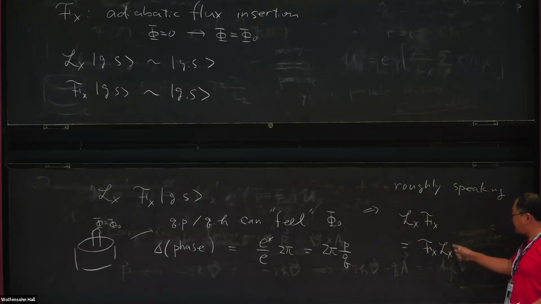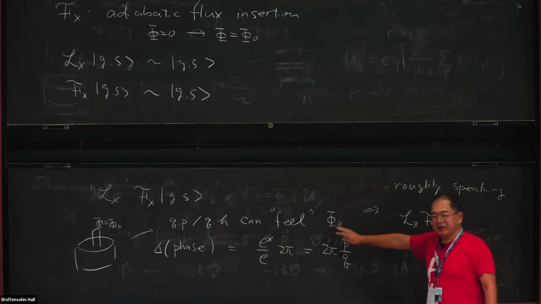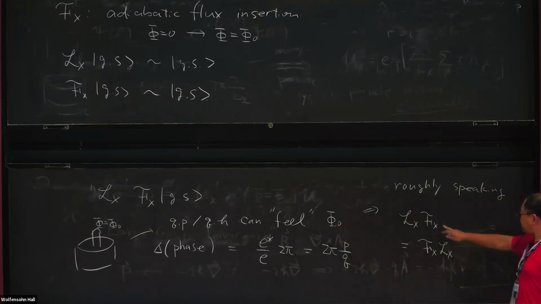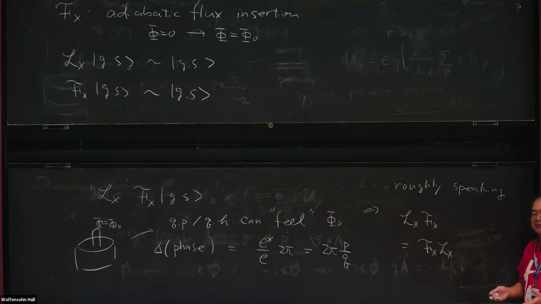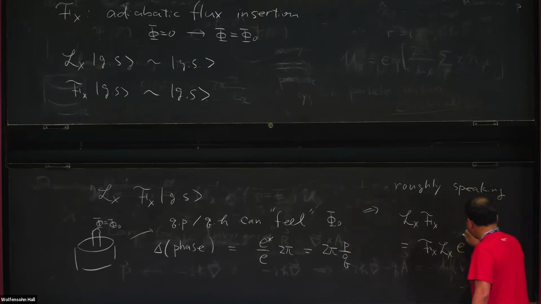So you don't have extra phase coming from this AB phase. But if you apply Fx first, then you have a unit flux quantum, which induces a non-trivial Aharonov-Bohm effect for quasi-particles, although not for the original electron. So which means that you have some extra phase like this.